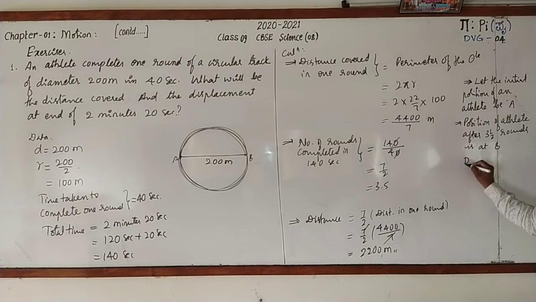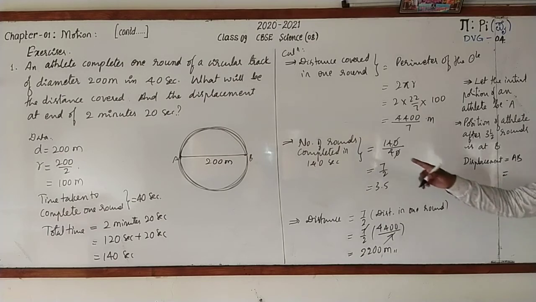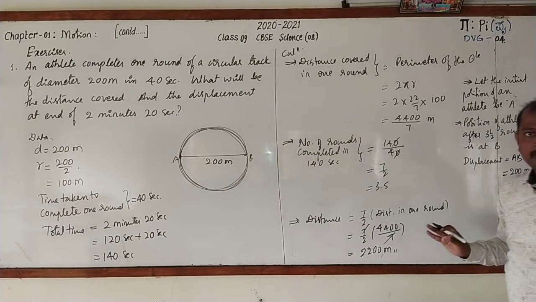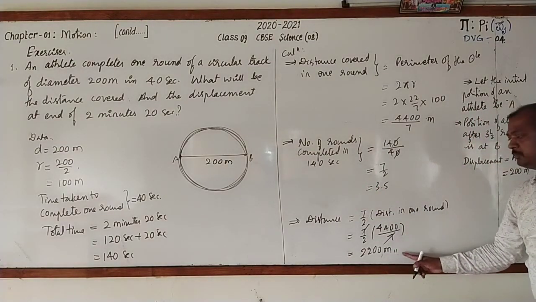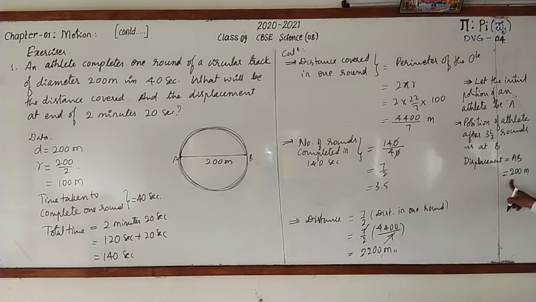Hence I can write displacement equal to AB. AB is nothing but 200 meter. Clear? So the distance covered is 2200 meter and the displacement is 200 meter.